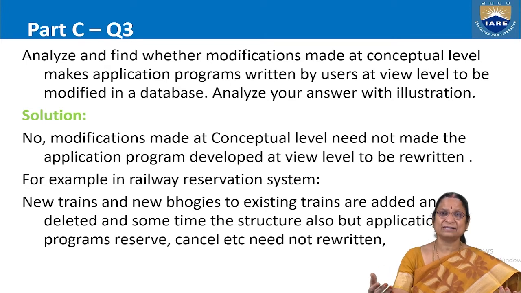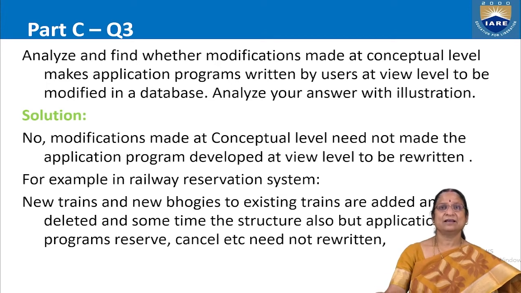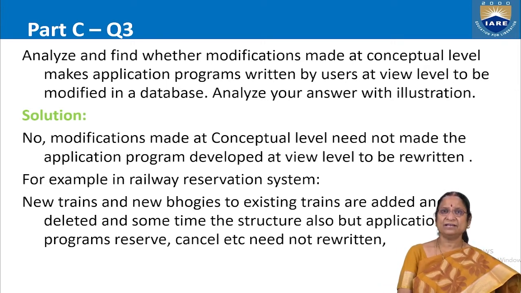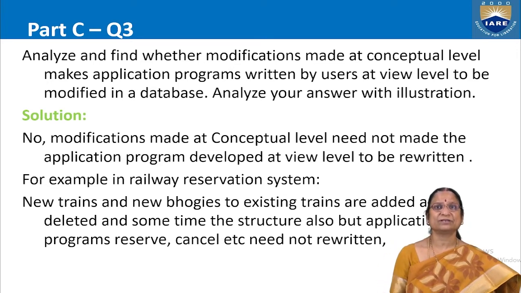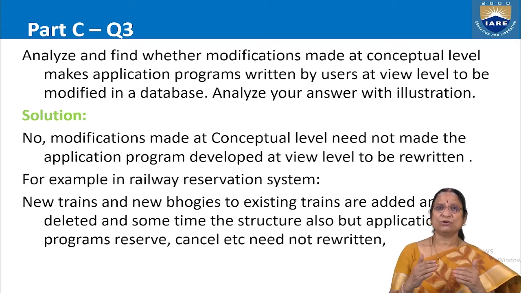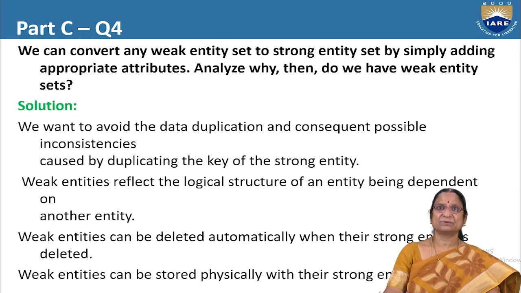That means the structure of trains is changing, the routes of the trains, stops of the trains, etc. are changed. But the applications already developed at view level, reservation, cancellation, payment, did not change. It is like that only we are using them actually. So whatever changes we make at the conceptual level need not be reflected at view level. So this is related to the data independence concept.